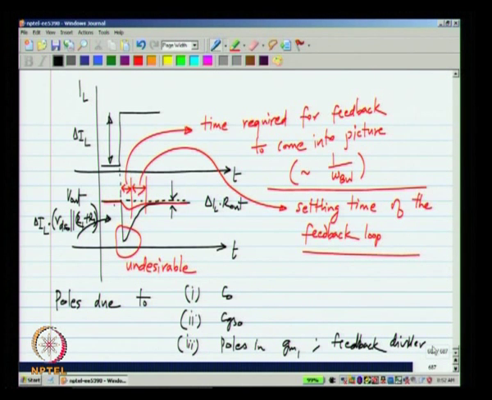The feedback resistive divider and so on. So, even ignoring this, we have at least 2 poles and we can analyze the response of this one. Okay.